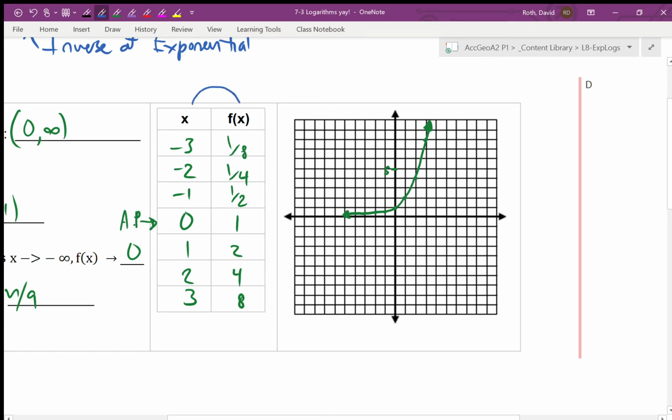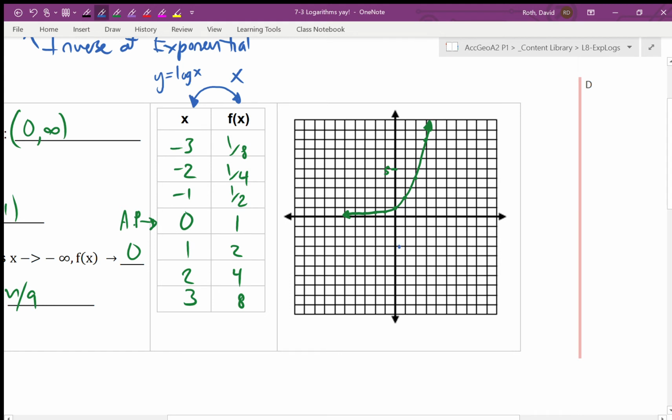I remember last unit, the one we should have taken a quiz or test on, but didn't. So if I swap x and y, this becomes my x column, and this becomes the y equals the log of x column. Well, then if x is 1/8, y is -3.